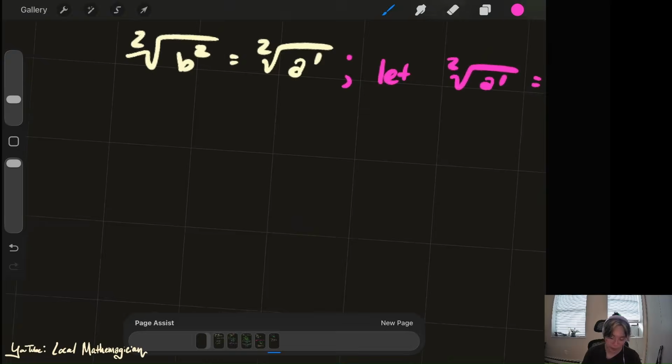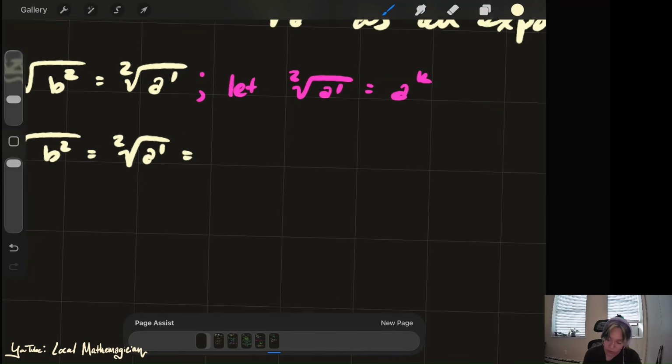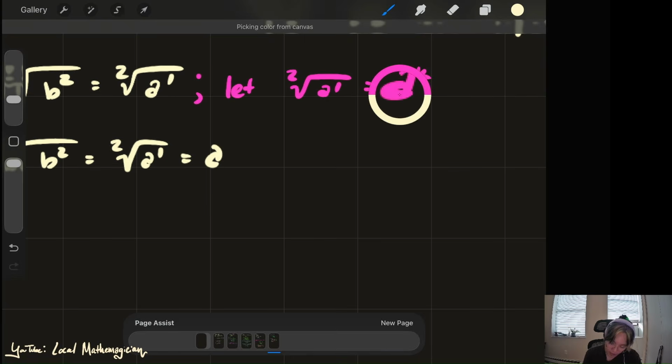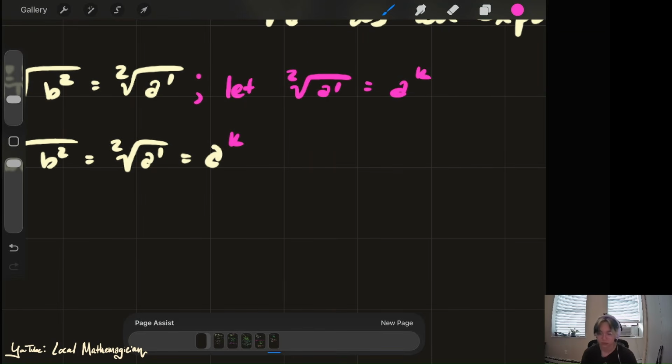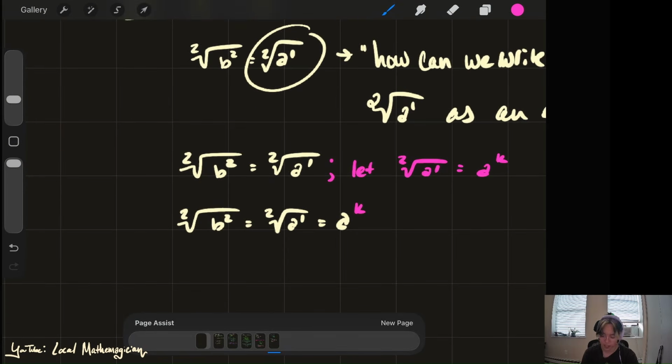That means we can write our equality as the square root of b squared is equal to the square root of a to the first, which is equal to a to the k. How did we get here? We got here by square rooting everybody.